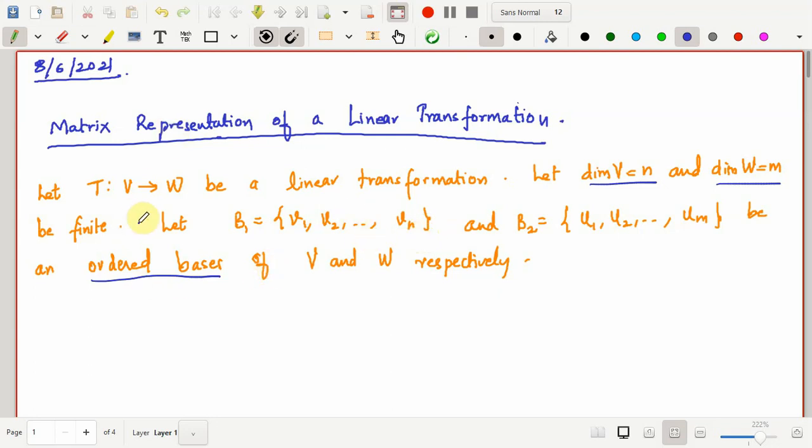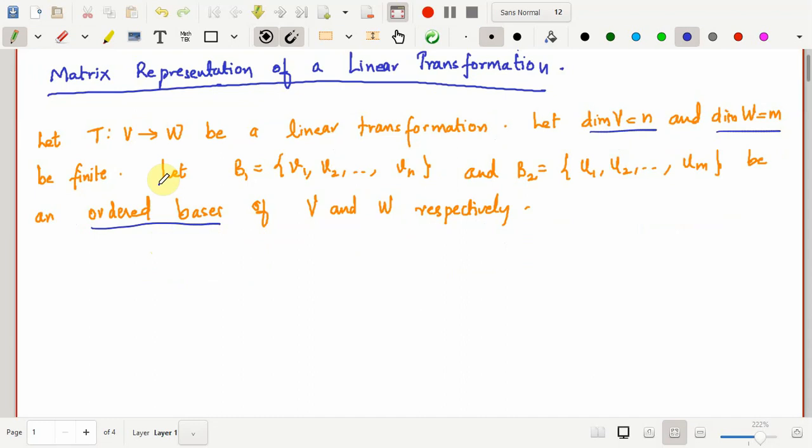Basically, we will see the mapping of T at each point of B1.